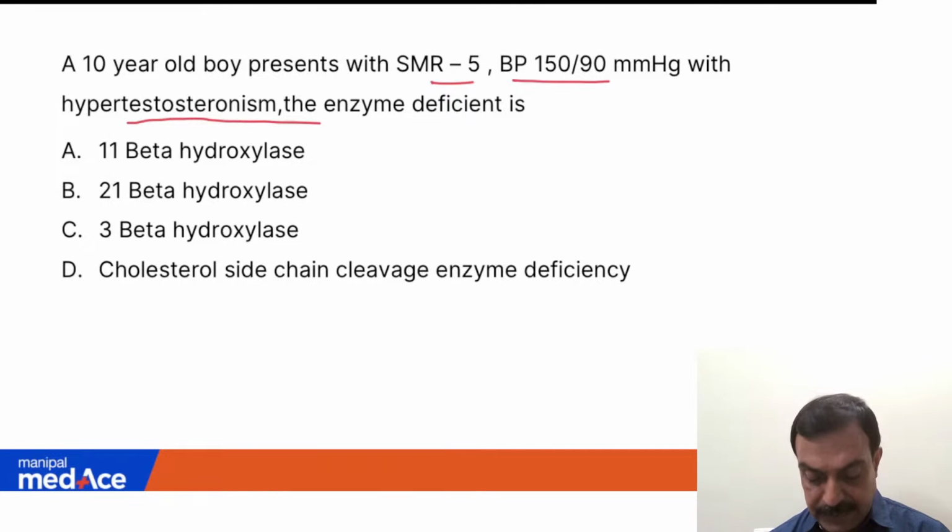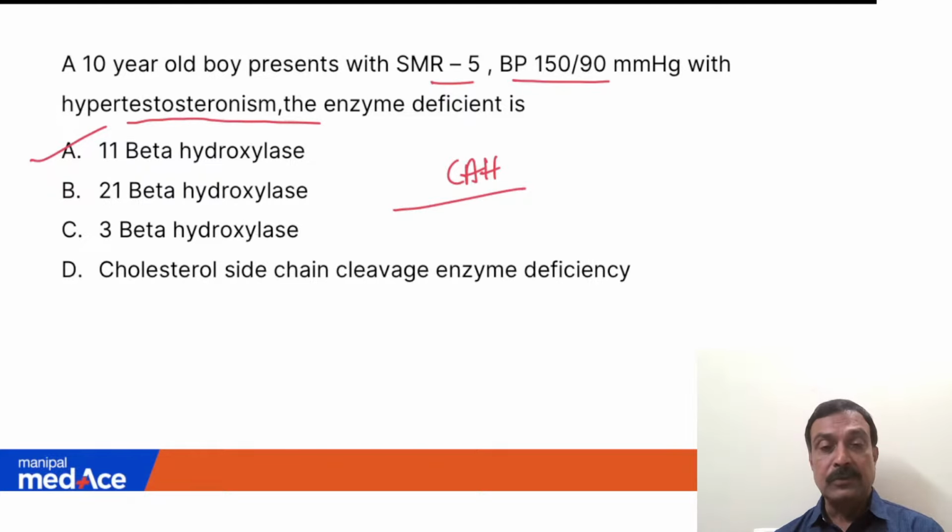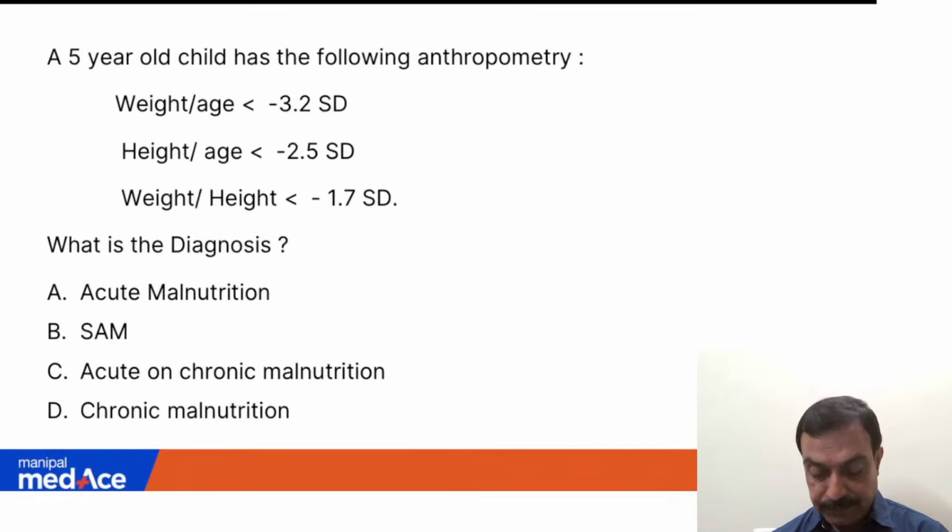The correct answer is 11 beta hydroxylase. 21 beta hydroxylase classically leads to congenital adrenal hyperplasia, which is known to be associated with virilization, and that is seen in newborn babies. And this is an adolescent, a pre-adolescent stage. Development is already advanced, gonadal development is there, and here the answer is 11 beta hydroxylase deficiency.